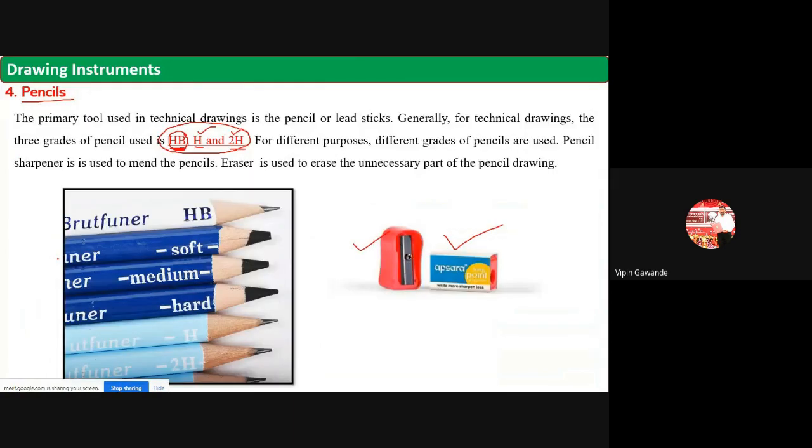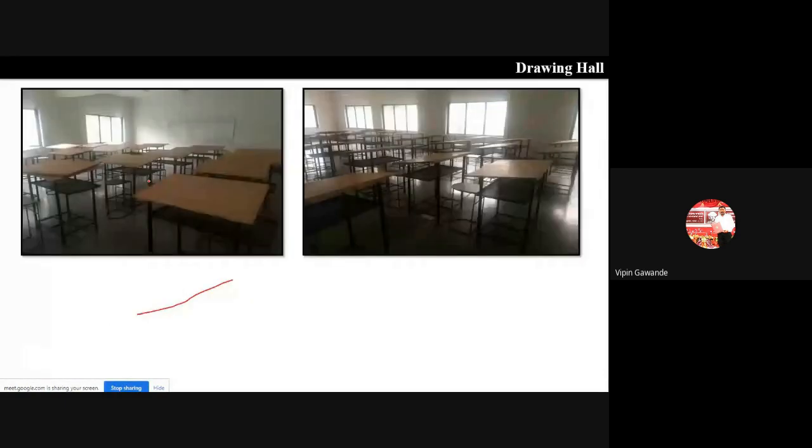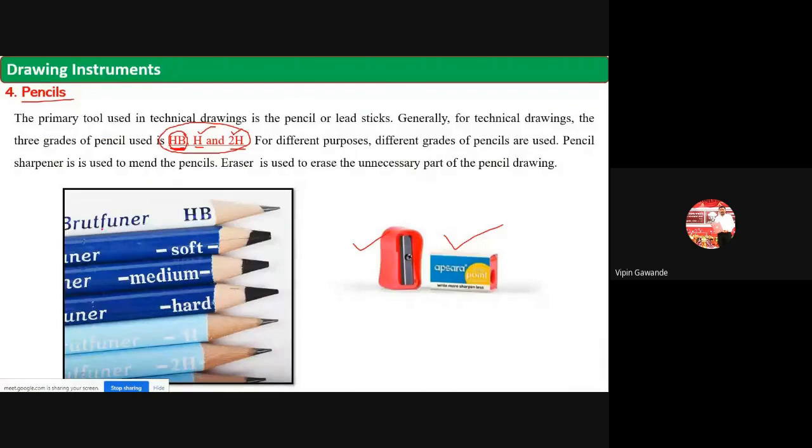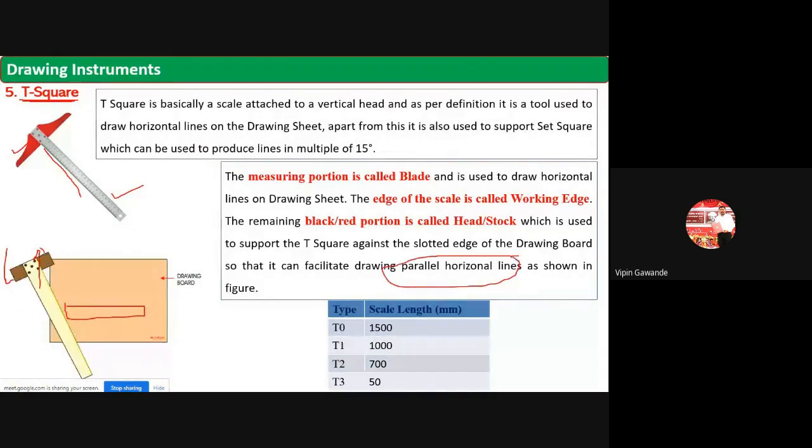In the drawing board there are slots on one side, and in this slot we can fix the support. The scale then comes on the drawing board like this, and we can move it in the upward and downward directions. Using this T-square we can construct horizontal lines only.